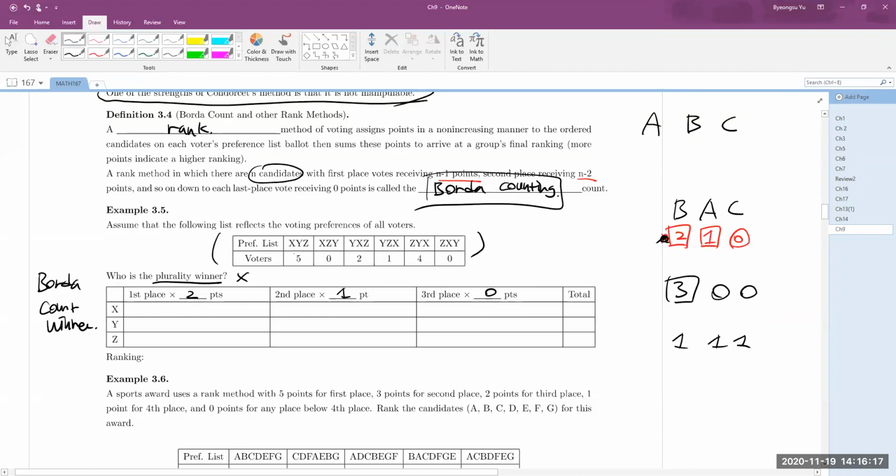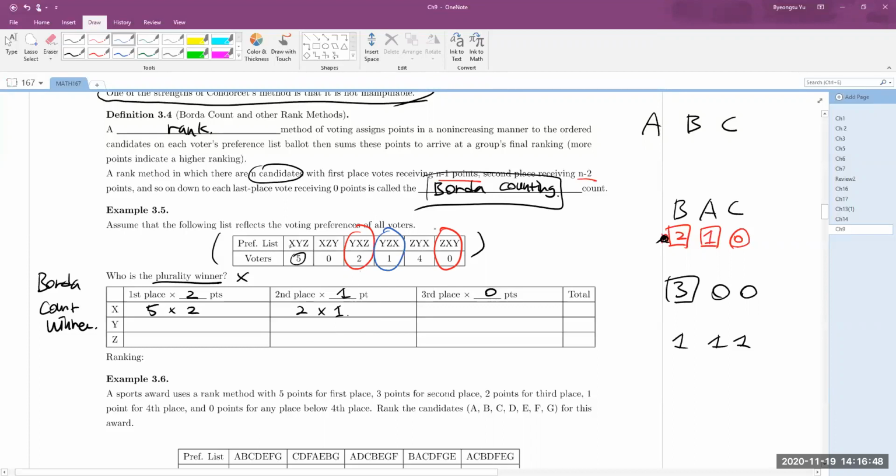There are 5 people who think that X is the first place, so we need to multiply by 2 points here. And there are 2 people who think that X is the second place, right? So you need to multiply by 1 here.